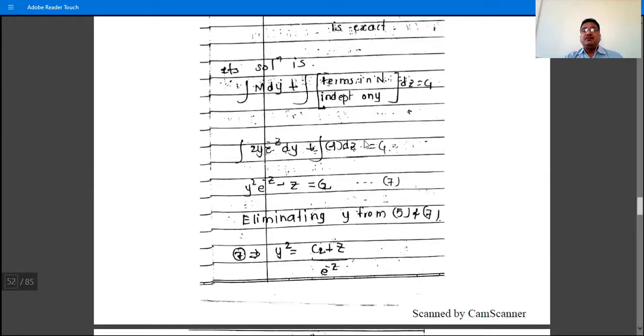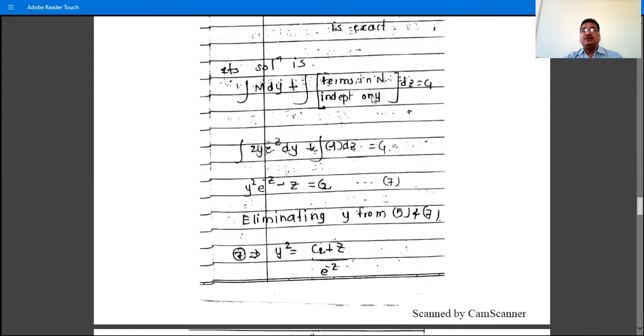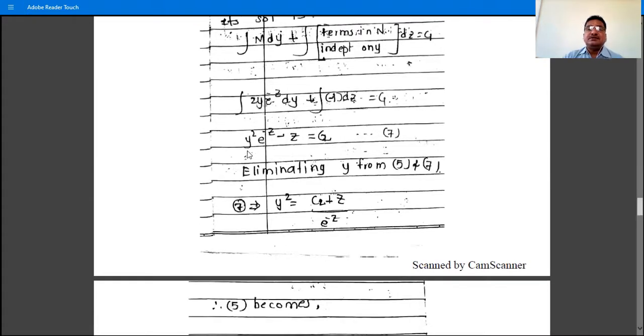independent of y. So this first term depends on y, that is e raised to minus z y square, and this minus 1. Because there is a minus sign, this term is the only term which does not depend on y. So minus 1 dz is equal to c1. So the term in N independent of y is minus 1, and then its integration is minus z.